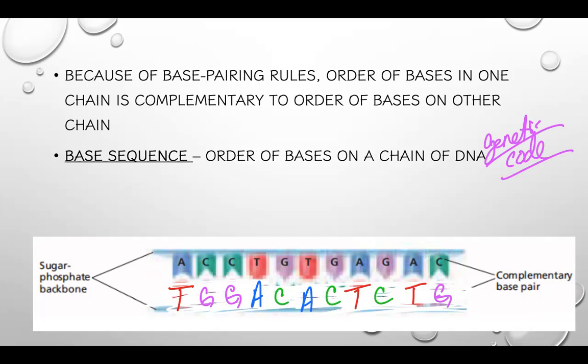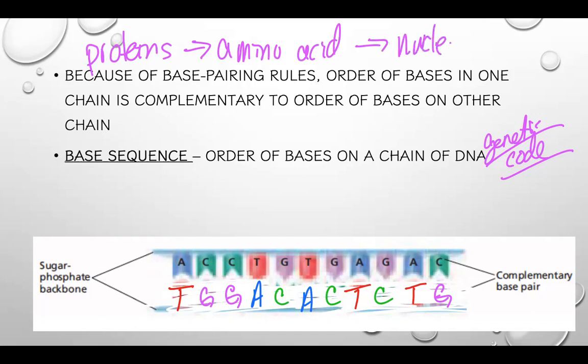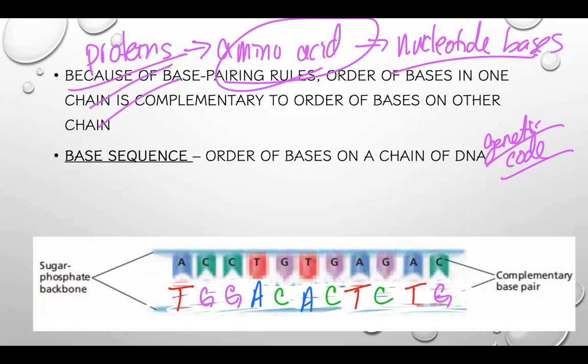If you remember all the way back to chapter 3, proteins, the base unit of a protein, because it's a macromolecule, is an amino acid. And amino acids are made from nucleotide bases. So the sequence of bases is going to determine the sequence of amino acids, which is going to determine the type of protein you make. That relationship is called the genetic code.